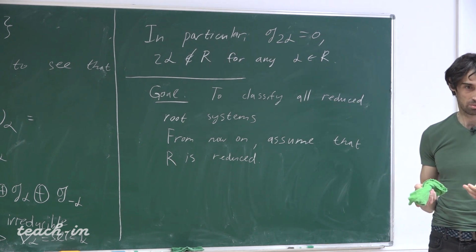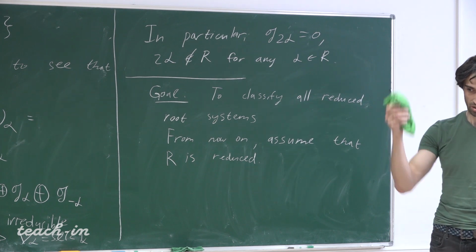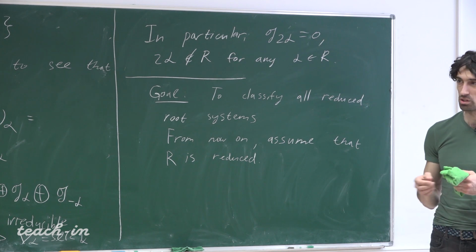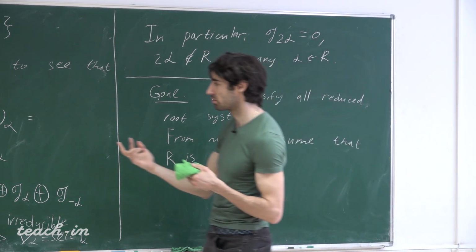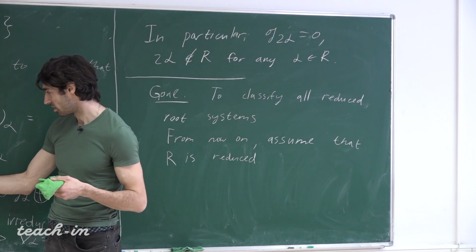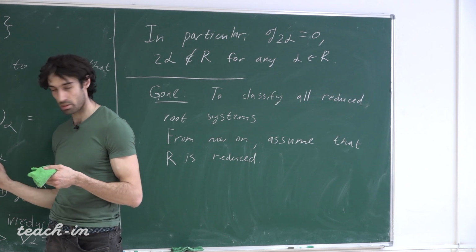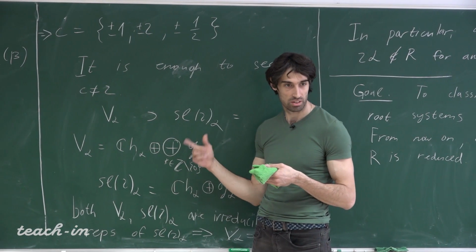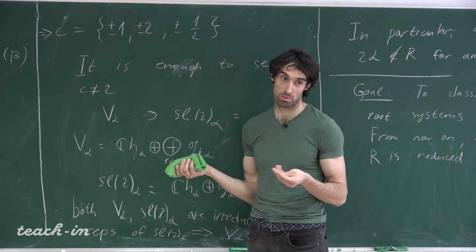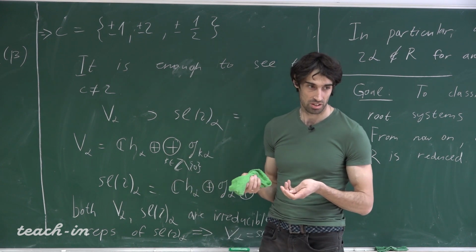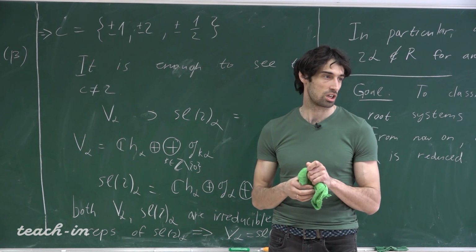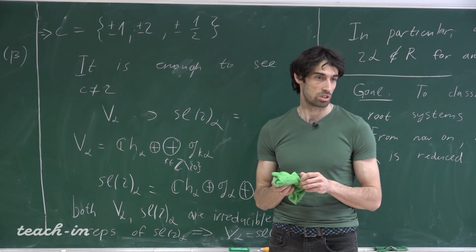It's a big theorem, but you need a list of relations. Of course, some relations we already know, which is how elements of H alpha commute with elements from G alpha and so on. But you have more relations, and these are called Serre relations. We'll introduce them. But for now, let us try to classify just abstract root systems.